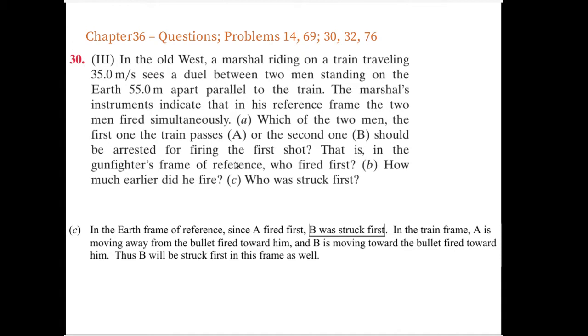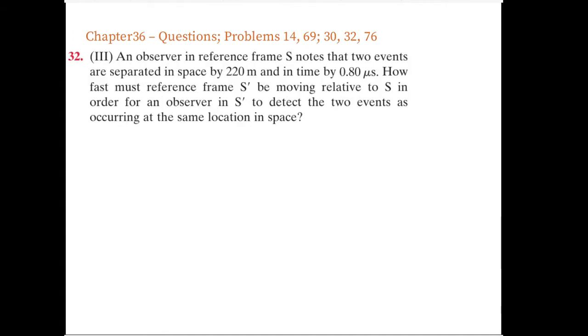If the speed of the bullet in the ground frame is larger than 35 meters per second, the answer is correct, but if it's slower, then you revert the answer. Okay? Right, so that's all I want to say about this. I'm not going to go into the details of the solution. It's quite complicated, and you're certainly not responsible for it.